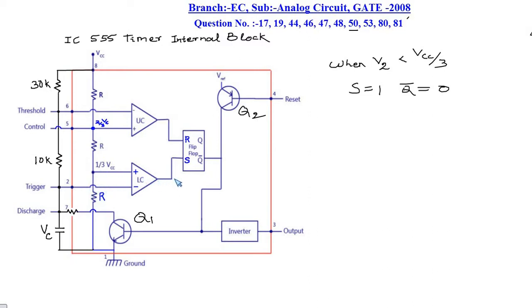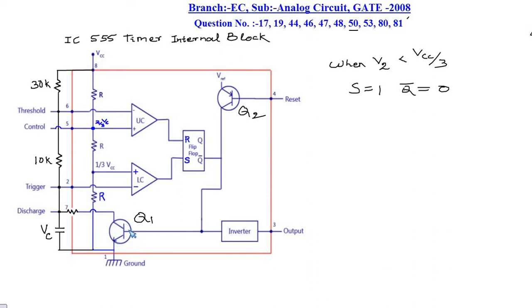Then the lower comparator output will give logic 1, as this voltage will be just higher than this one. So once this is logic 1, the SR flip-flop will give Q bar as logic 0, and the transistor will be off.